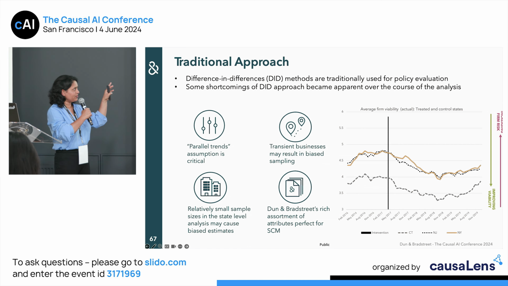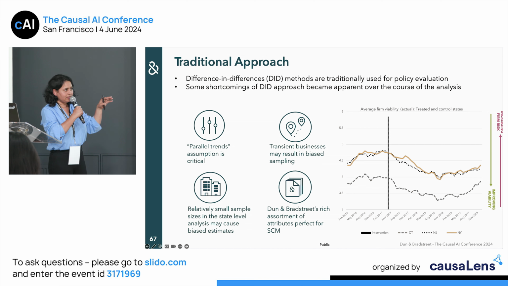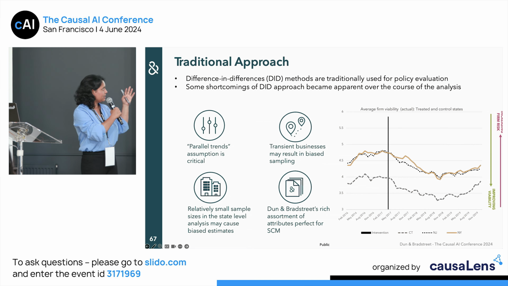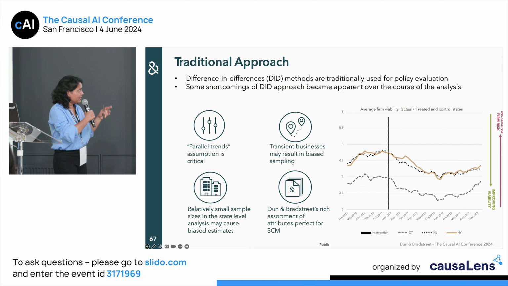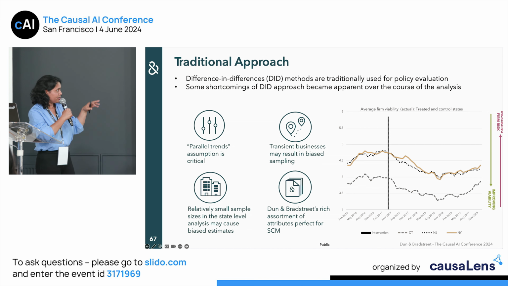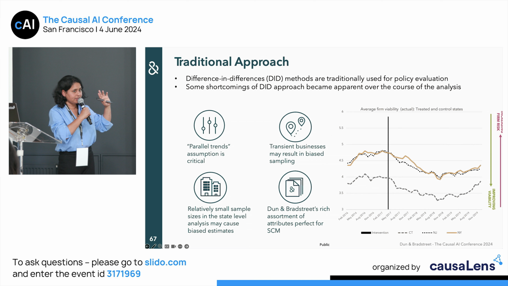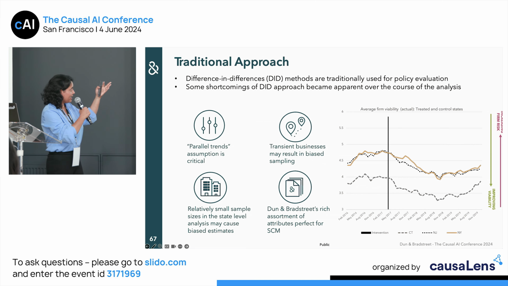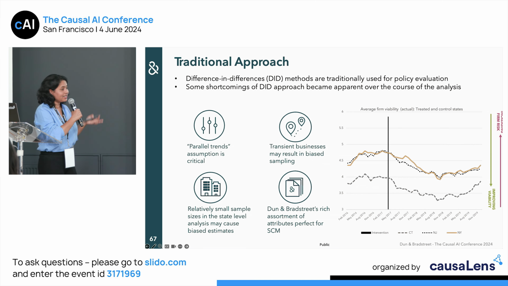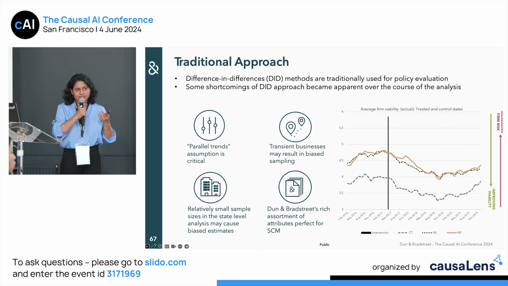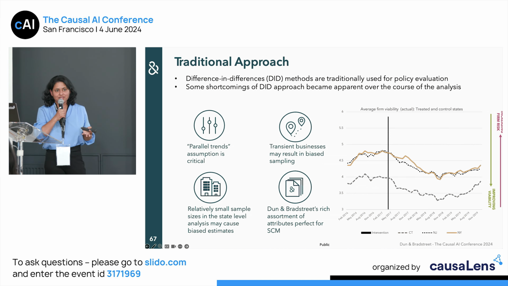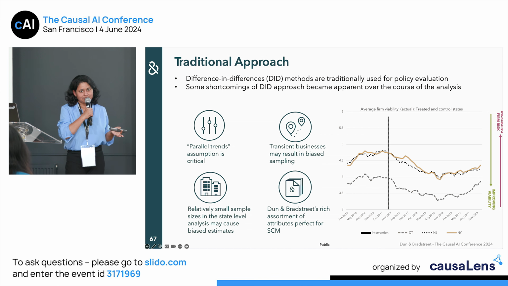So this is the aggregated viability rating of all the selected pharmacies. We averaged the viability rating, and this is the time series of that viability rating in New York State, and then two other states: New Jersey, that's where I come from, and Connecticut, a neighboring state, which could be good control states.